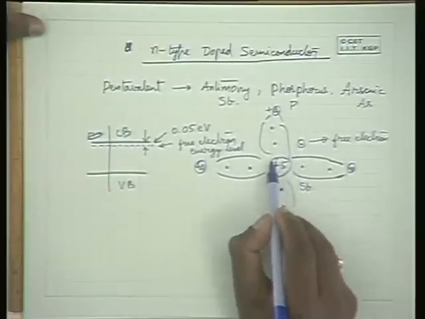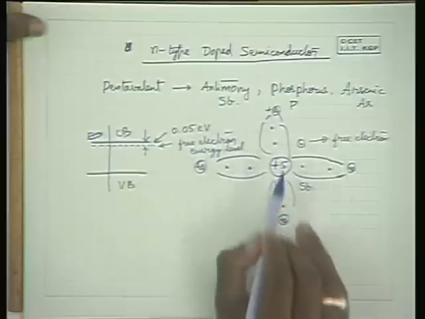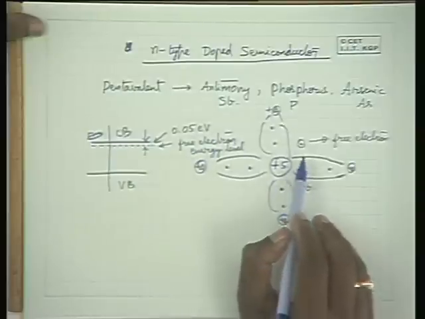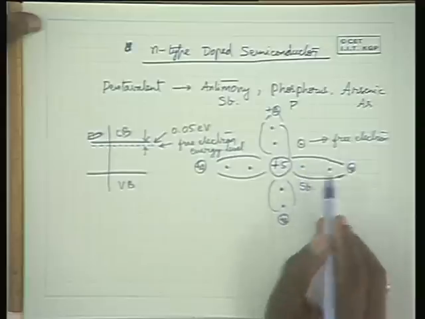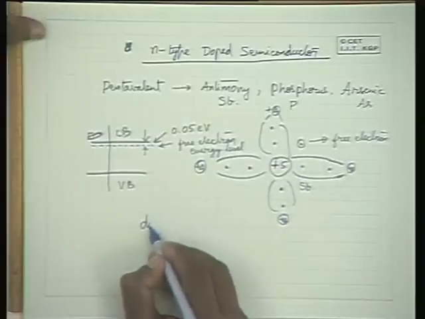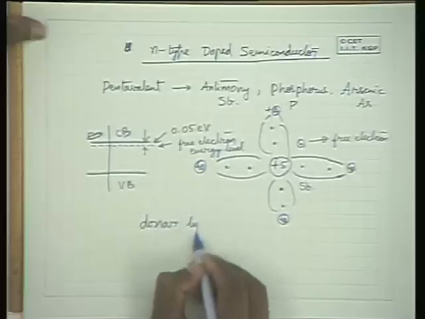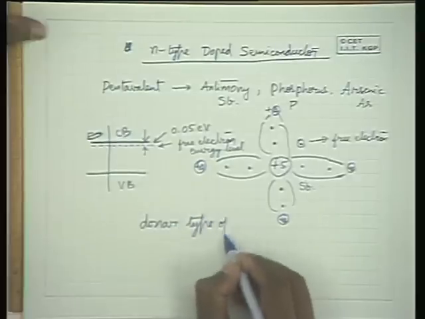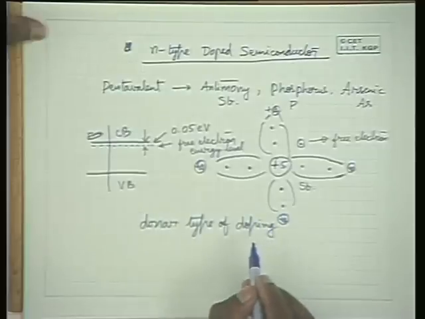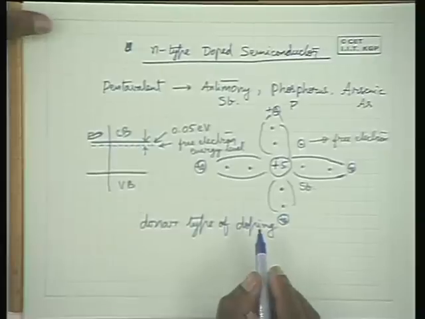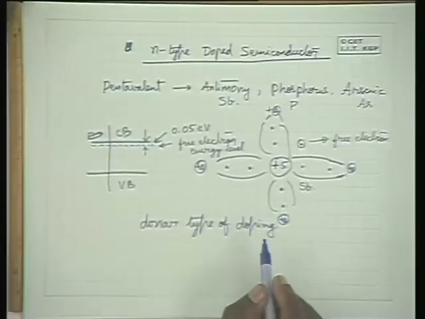Since this kind of doping with pentavalent materials is donating electrons, pentavalent doping is known as donor type of doping, and the material is known as donor material. So, it is an impure or extrinsic material.